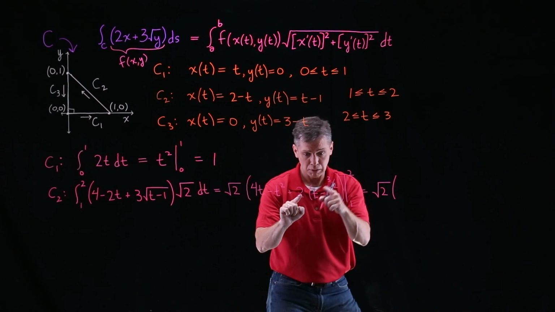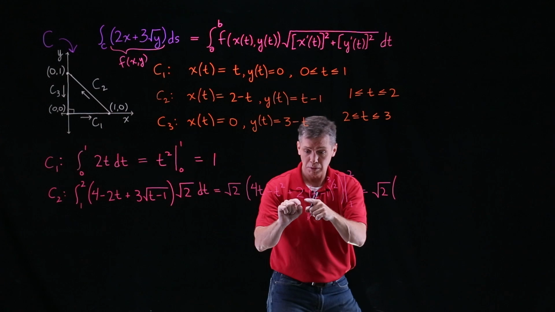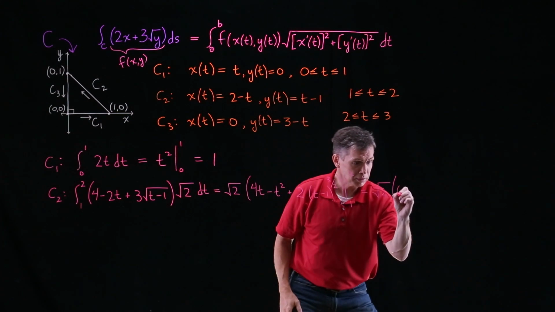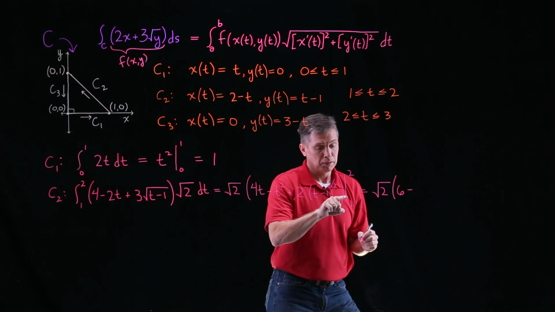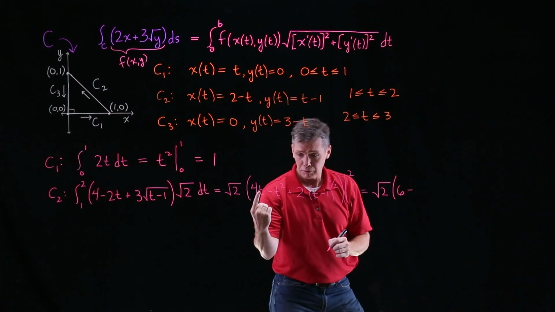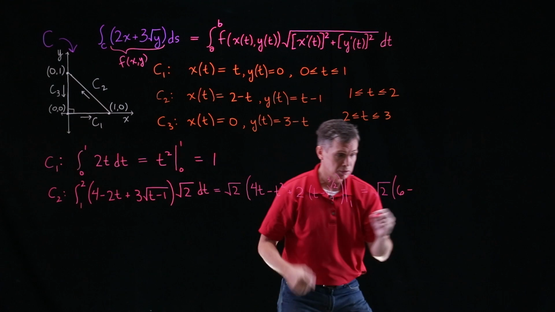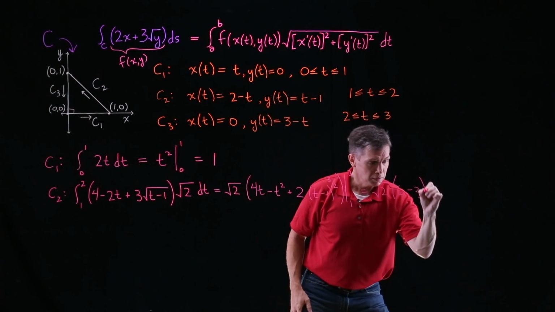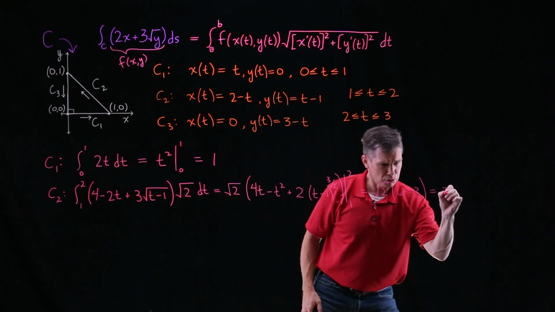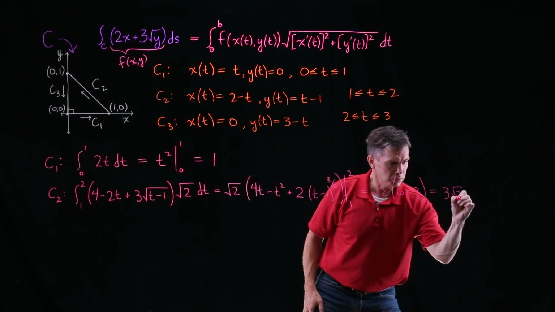So this is just 1 times 2 is 2. So 4 plus 2 is 6, minus, plug in the 1, 4, take away 1, which is 3, and this is all 0, so that's good. That wasn't too bad, I guess. We get 3 square roots of 2.